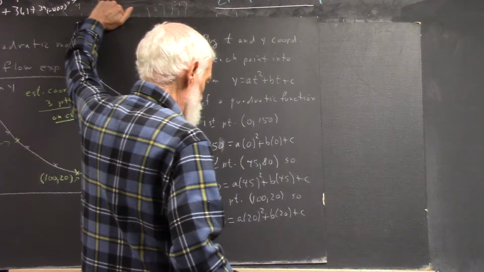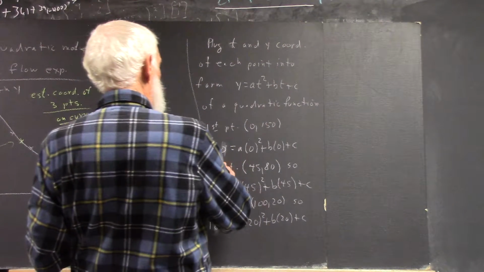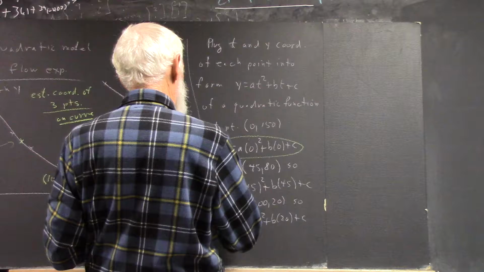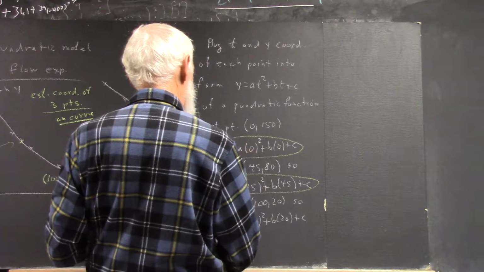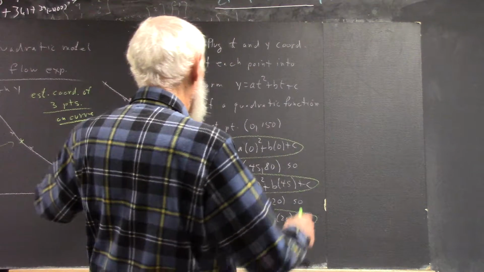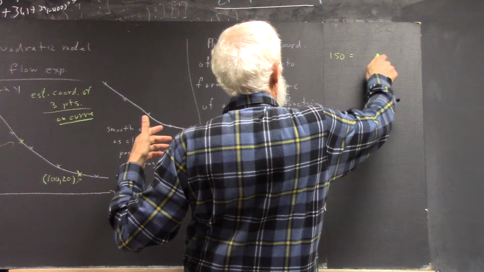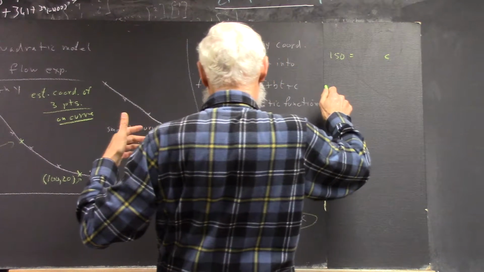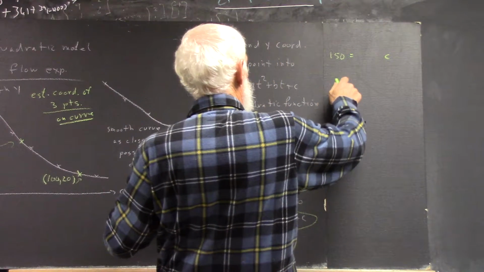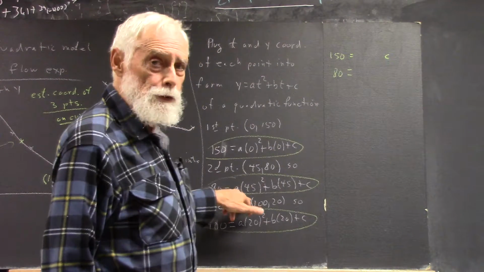So we've got three equations. Now your three equations, if you write them out, are 150 equals c. 80 equals, what's 45 squared?